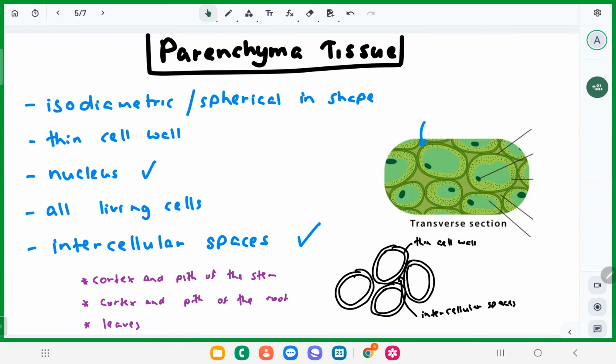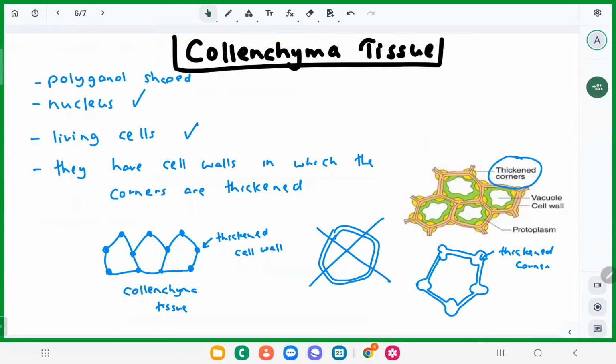All right, then moving on to the collenchyma tissue, a few extra points you need to know is that the collenchyma tissue is there in different locations. For example, it is found inner to the epidermis in herbaceous stems.